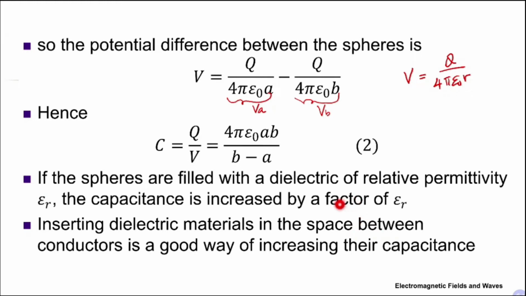And then we can apply our capacitance equation, or equation 1, which is C equals Q over V. And we work out that our capacitance for this structure will be 4 pi epsilon naught A times B over B minus A. Okay, so that's basically Q divided by Q over 4 pi.